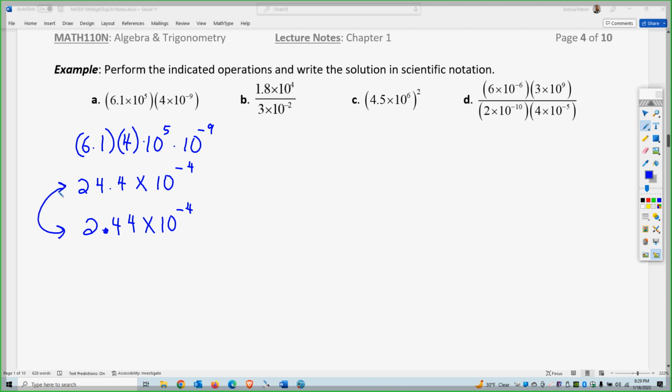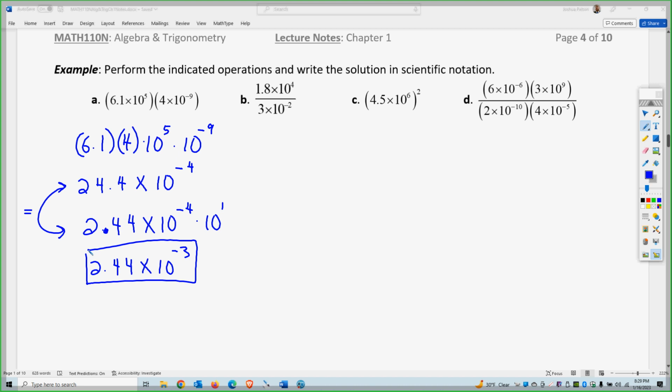So now I have to think about relative size. My new number is smaller than the original number. So I need to multiply it by 10 to the 1 or just a single 10 to get it back to the original number. So they're actually equal now. So 2.44 times 10 to the negative 3 is the actual answer in scientific notation.